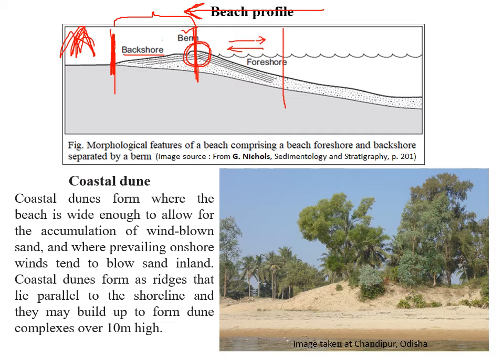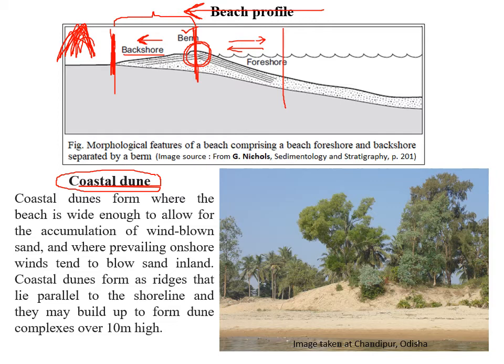So beyond the backshore areas, sometimes the sediments accumulated and formed this type of accumulated landforms, which are known as coastal dunes. So coastal dunes form where the beach is wide.